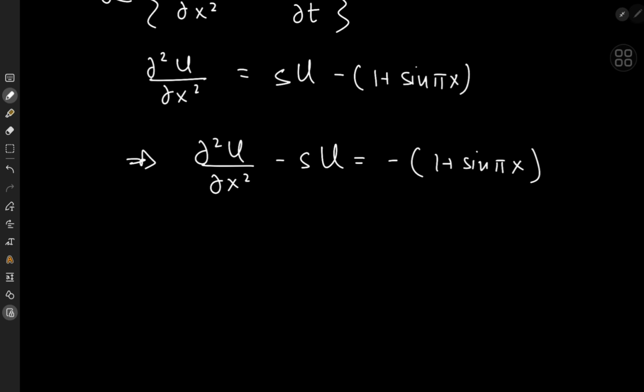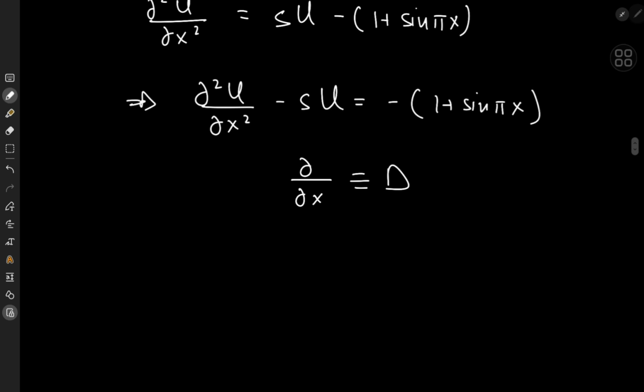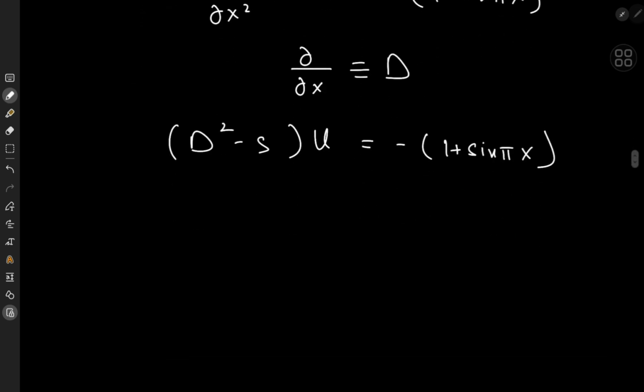And let me introduce some more notation, calling the derivative with respect to x operator as D. So we can rewrite our differential equation as D squared minus s of U equal to negative 1 plus sine of pi x, which is a second-degree non-homogeneous differential equation, which we can solve quite easily using the method of variation of parameters.